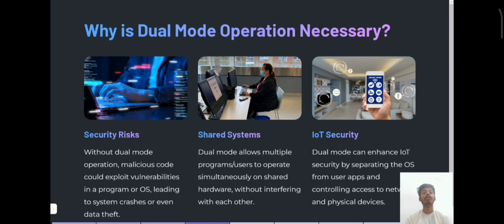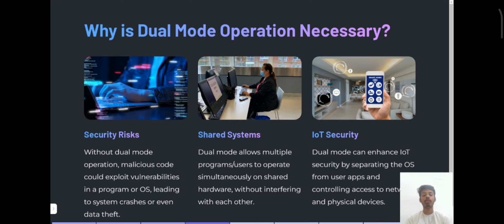So, why is dual mode operation necessary? It is necessary because of the security risk. Without dual mode operation, malicious or harmful code could exploit vulnerabilities in a program or operating system. It will lead the system to crash or even data theft.